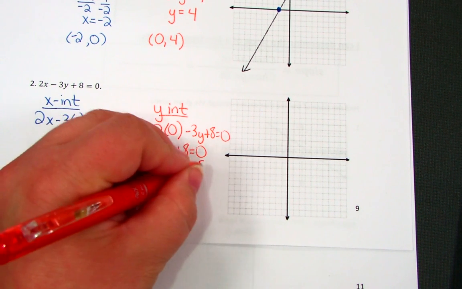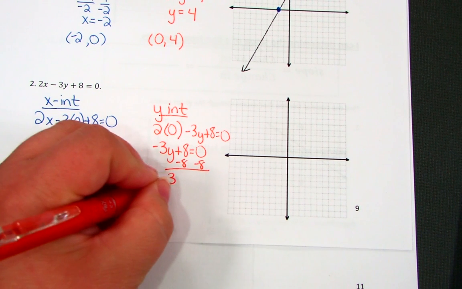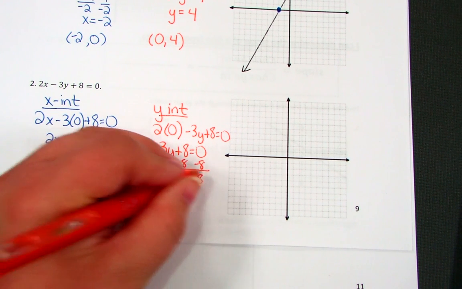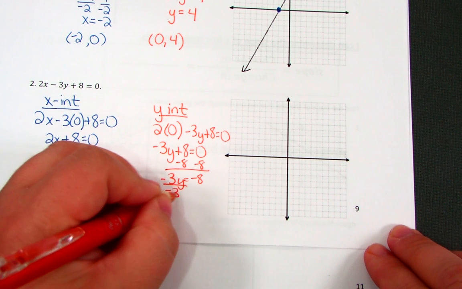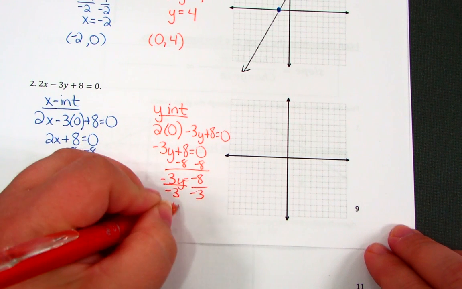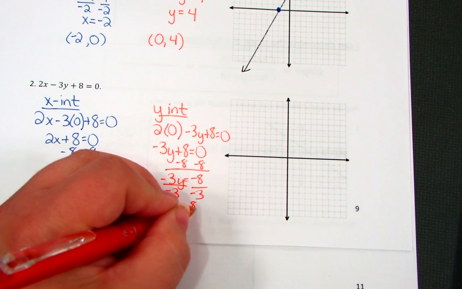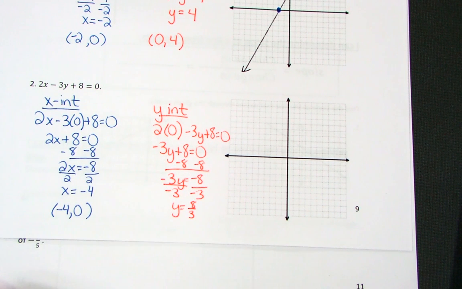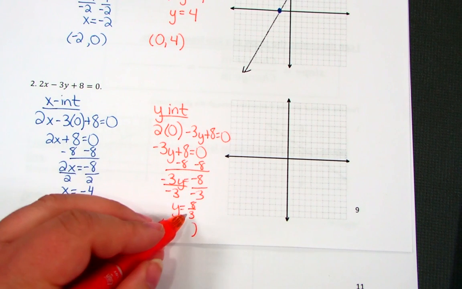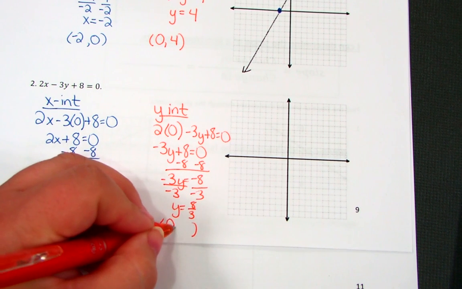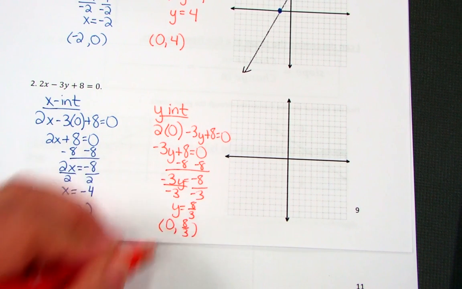Subtract 8 from both sides. Negative 3y equals negative 8. Divide by negative 3. So y is equal to positive 8/3, which is like 2.6 repeating. But remember, we're going to write it as a fraction, 0, 8/3.